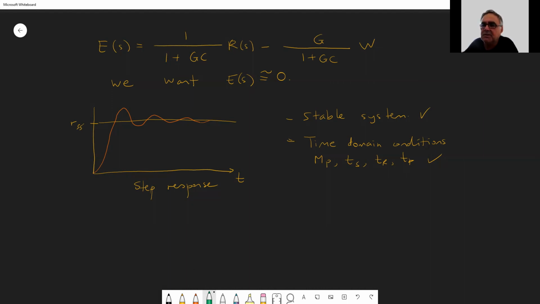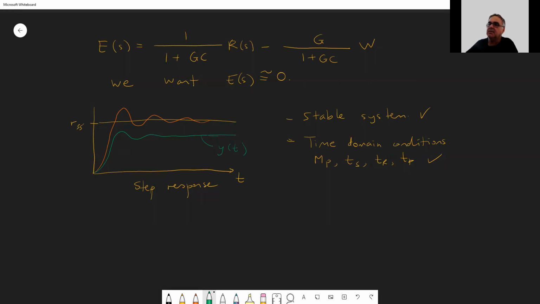It is possible to satisfy both of these conditions, but you might have a response like this now. What is this? This system would be stable. This is another possible y of t.